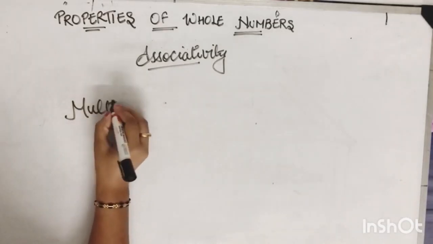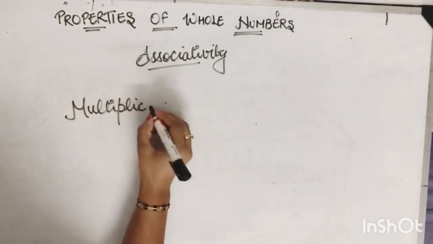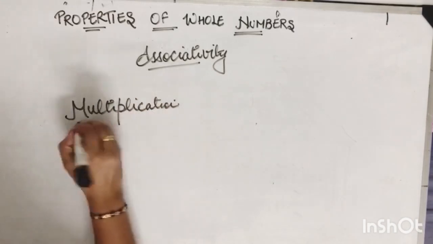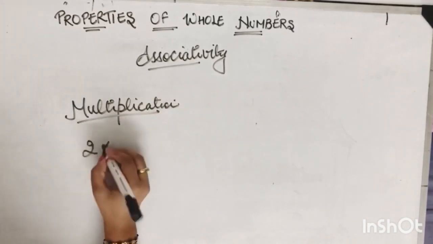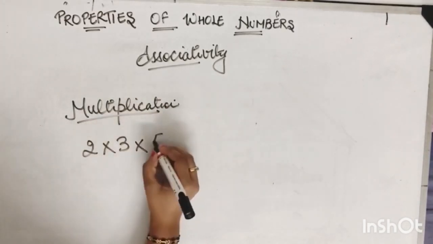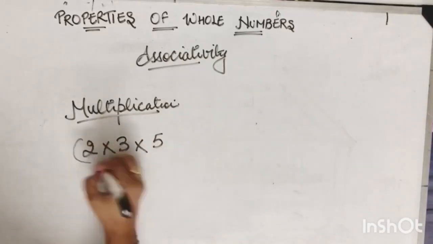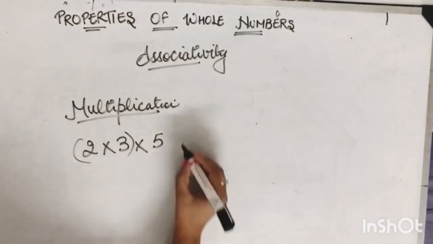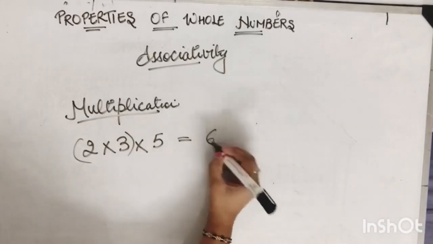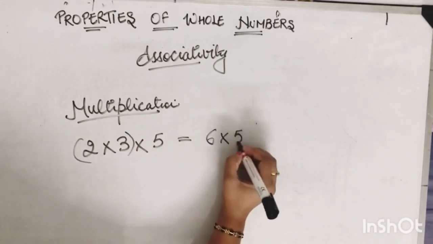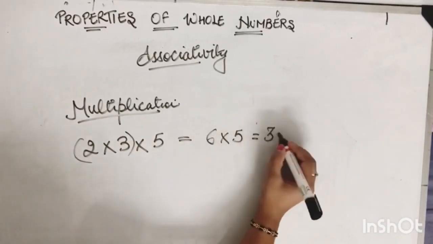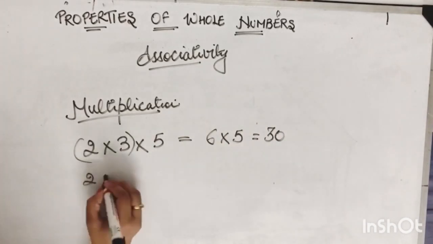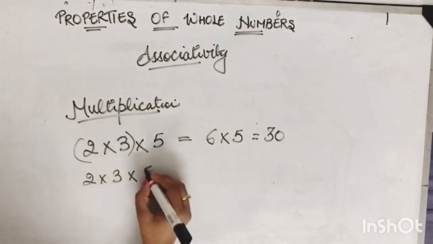Now we'll do for multiplication. I am taking example 2 into 3 into 5. Let's say first you are multiplying first two numbers. So 2 into 3 will be 6. 6 into 5 will be 30. Or we can multiply like this.